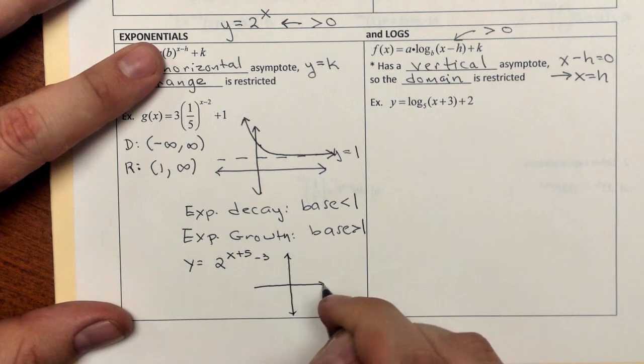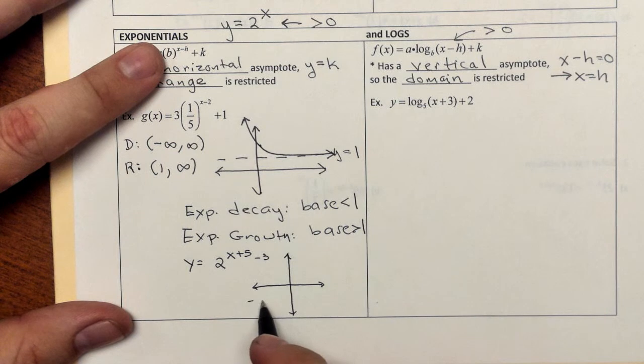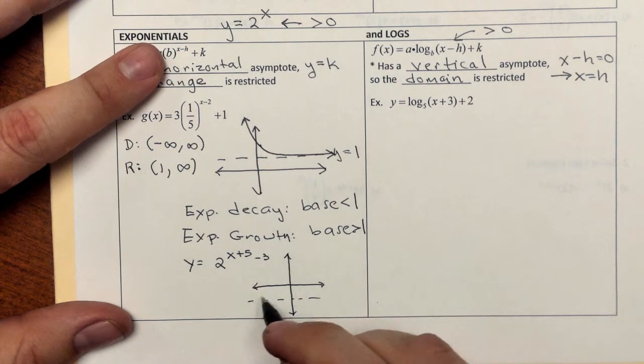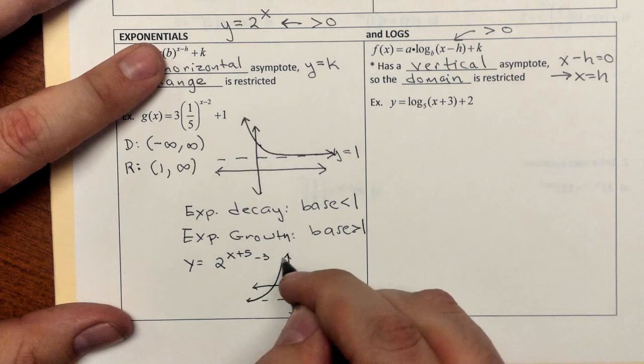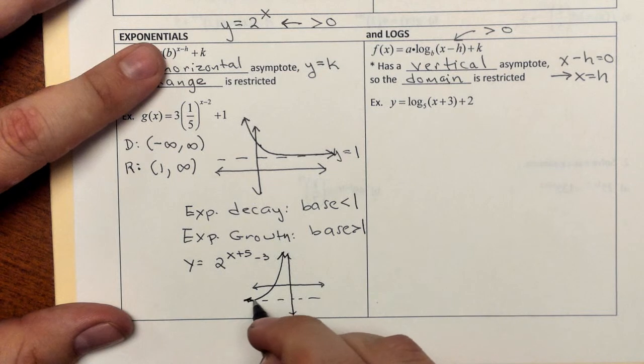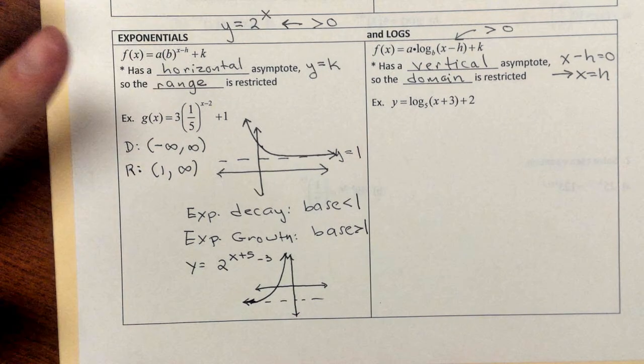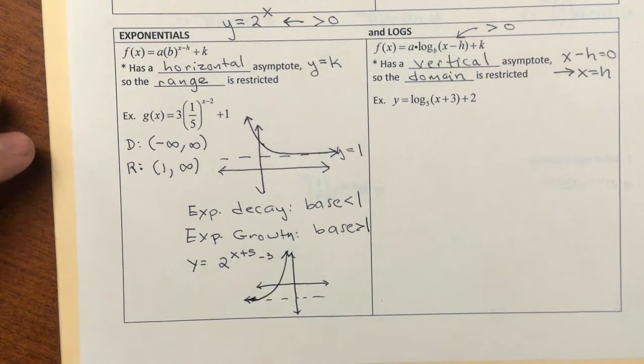Draw some axes, negative 3. 2 to the x plus 5 is going to be shifted very far to the left, so I will see something that looks like this. And over here it'll get closer and closer to the asymptote. And that is exponential growth.